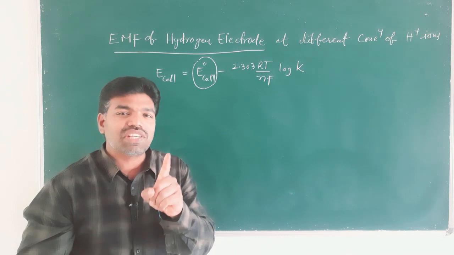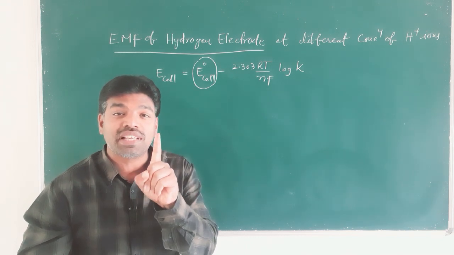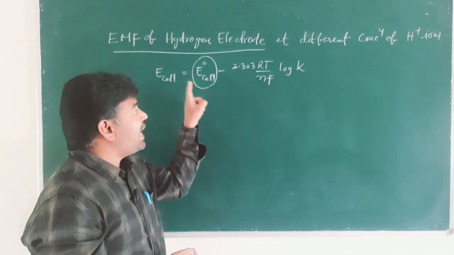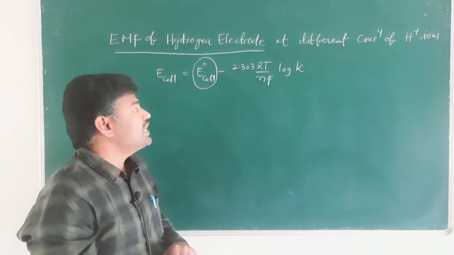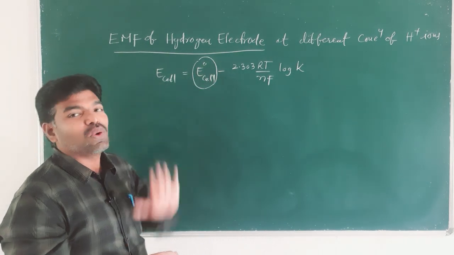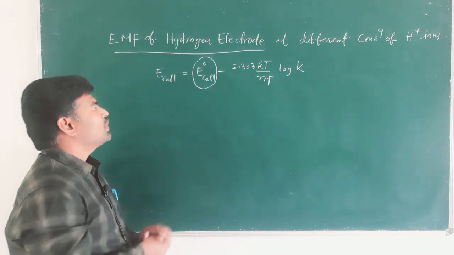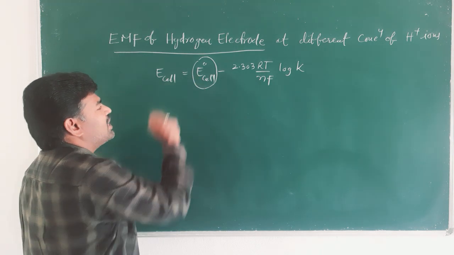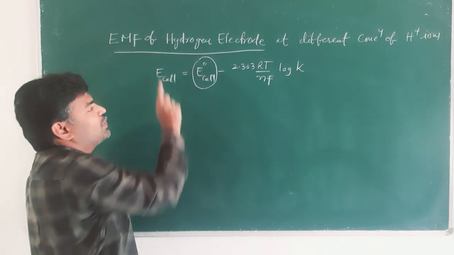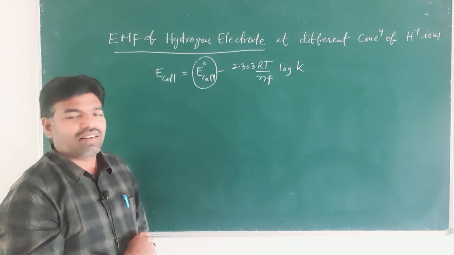Therefore, the Nernst equation is applicable to single electrodes also, and by taking E naught cell as 0, we can measure the EMF of the hydrogen electrode.